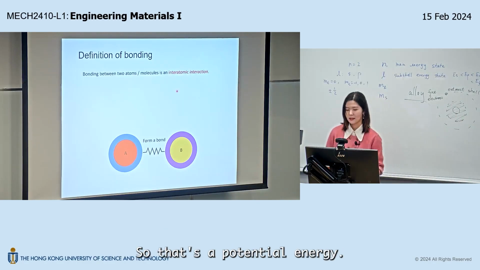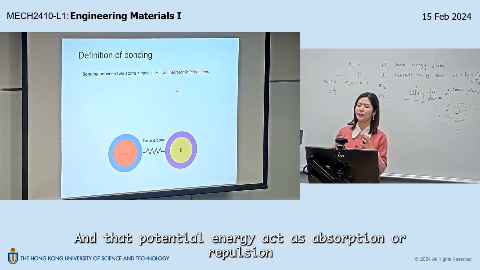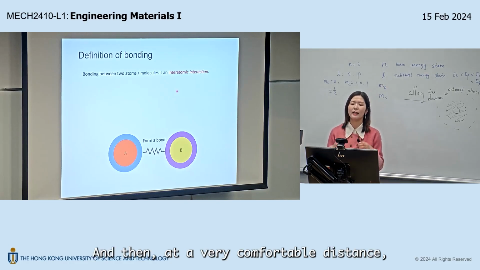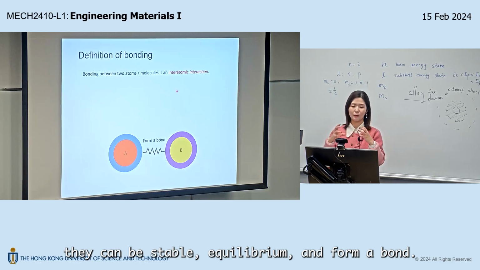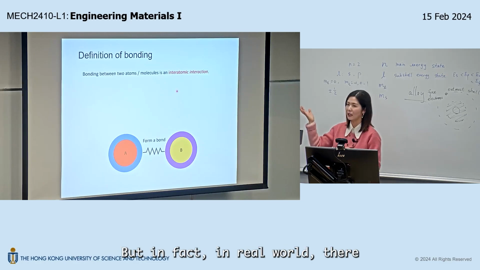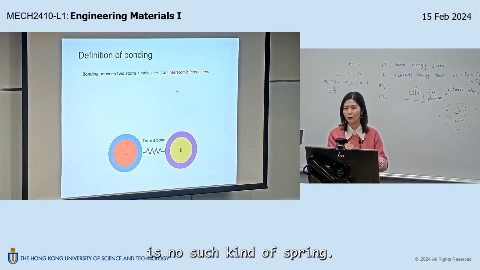That potential energy acts as attraction or repulsion depending on the distance. At a very comfortable distance, they can be stable, in equilibrium, and form a bond. Here I put a spring, but in the real world there's no such spring.